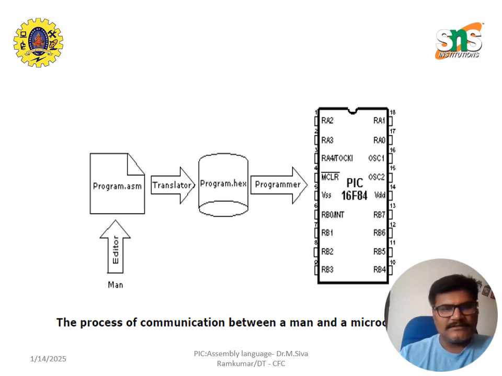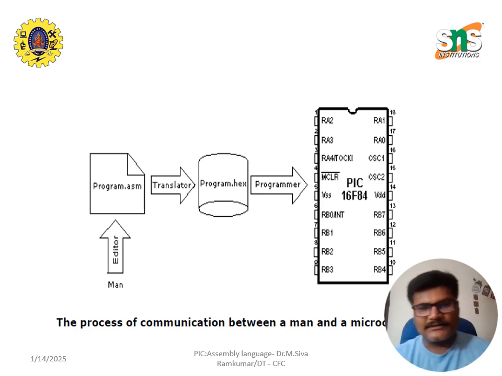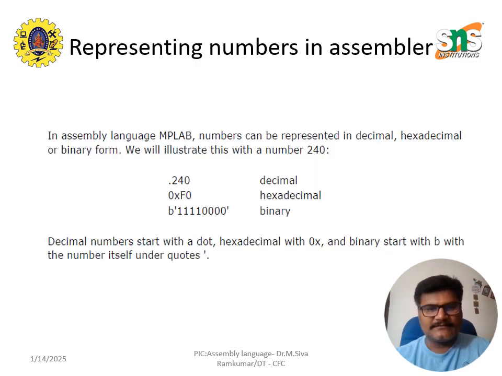Directives provide instructions to the assembler, not to the microcontroller. Comment section adds notes for the programmer for better understanding. It begins with a semicolon and can be ignored by the assembler.